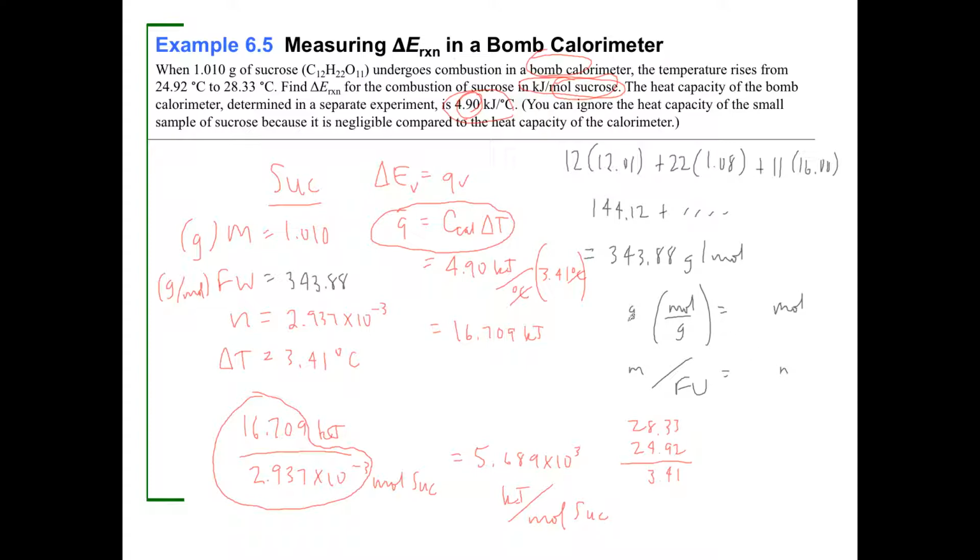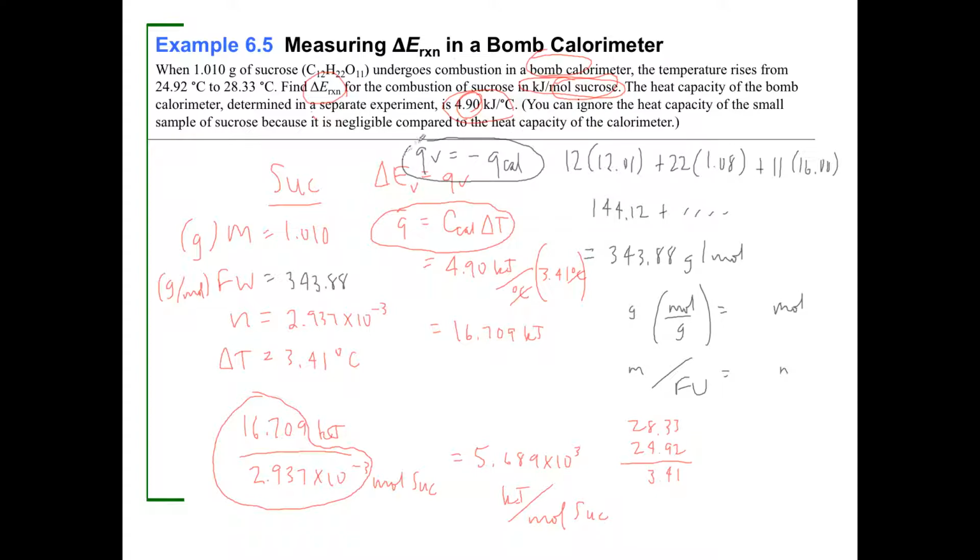Okay. I'm looking here at my notes, and there's one thing that I see, and that is, this is for the delta E of the reaction, the change in internal energy of the reaction. And one thing I forgot to do was to say that QV, looking at my notes here, QV is equal to minus QCal.